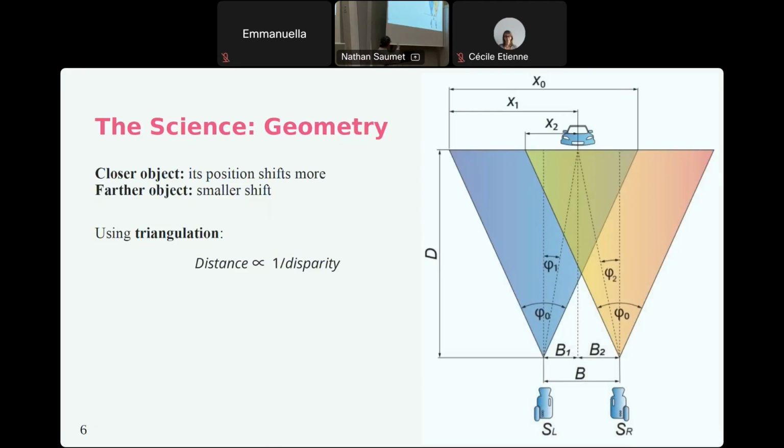Here in the image, you can see X2 is the disparity. By finding this for each object, we can have a disparity map. And with the disparity map and the precise specifications of the camera calculated using camera calibration, we can have a depth map, and with that we can find the distance.